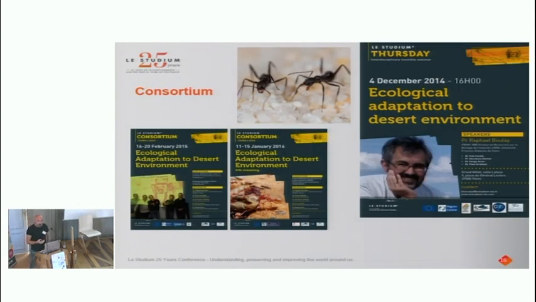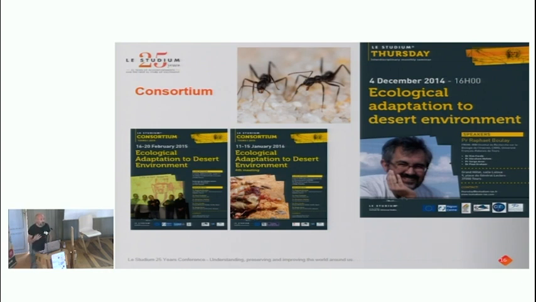But it also requires studying how insects adapt to specific environments, how they adapt to global changes, how they adapt to desert environments. And we had several years ago a consortium that was dedicated to these questions. Sometimes it allows us to discover very interesting things, because it is considered that insects basically are everywhere.